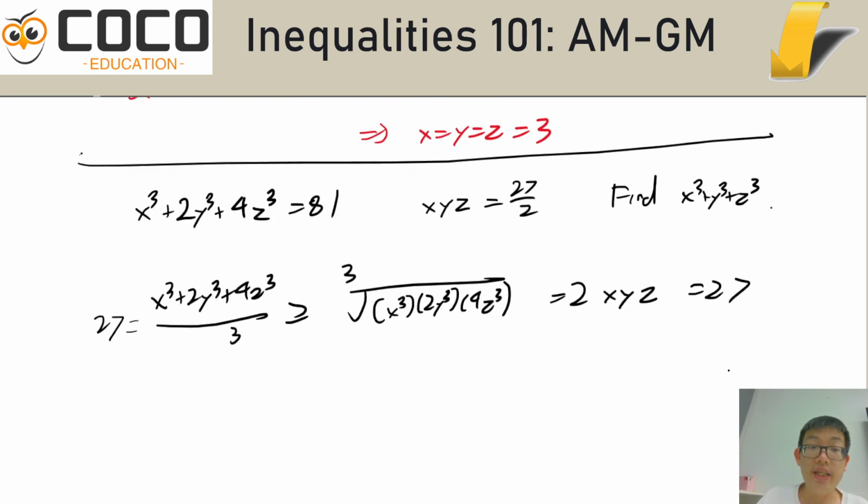What are x, y, z then? So if you were to take what AM-GM has told us, we can conclude that, if you're telling me the geometric mean is 27, the equality case is that these things, not x, y, and z, but the things that you put into AM-GM, are equal.